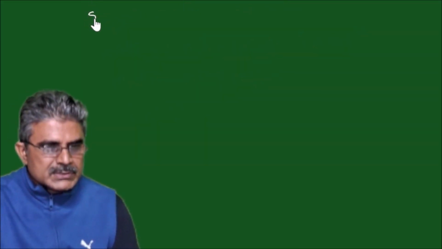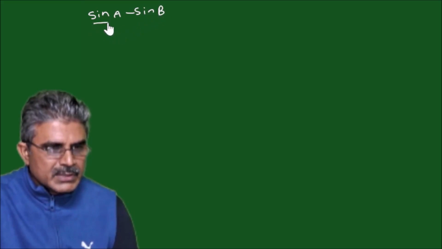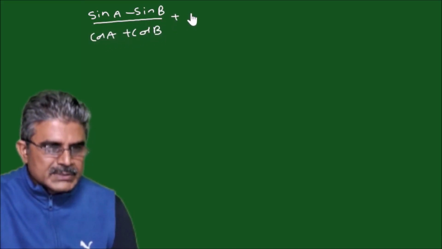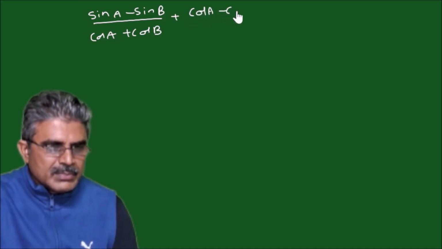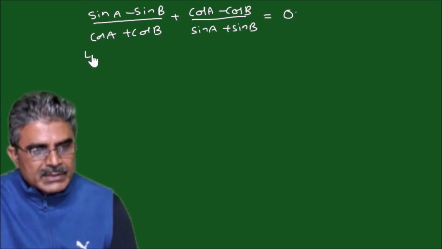Our next question is (sin A − sin B) / (cos A + cos B) + (cos A − cos B) / (sin A + sin B), which should be equated to 0. So consider the left hand side.